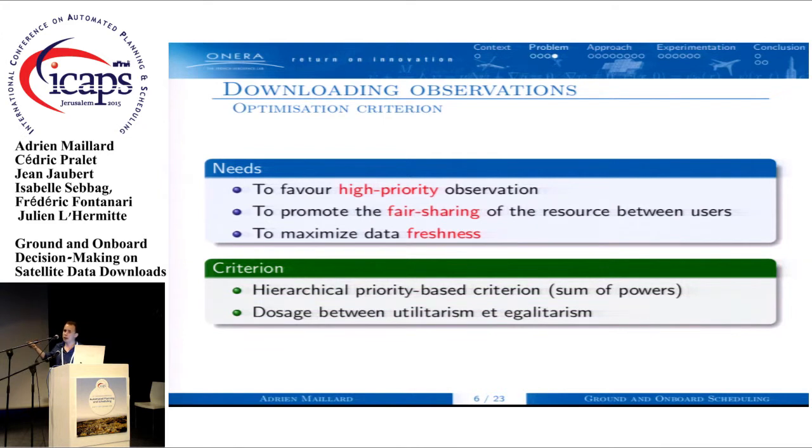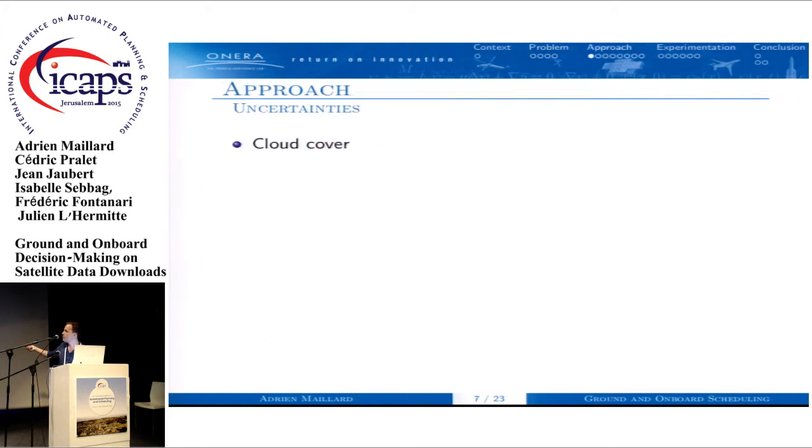So we have a hierarchical criterion. I will not detail it, but just remember that it aggregates a lot of things into one criterion, and we can dose between utilitarianism and egalitarianism when we are talking about fair sharing.